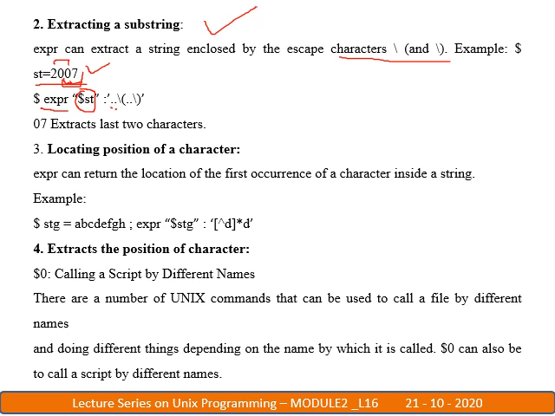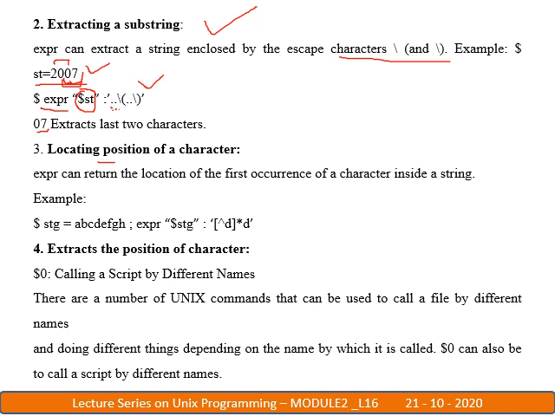Each dot indicates one character, so two dots indicate two characters, enclosed with the escape sequence, that is a backslash. So it is going to extract the two characters from the given string. The given string is 2007 and the last two characters extracted from 2007 are 07. So this is how you are going to specify the regular expression.